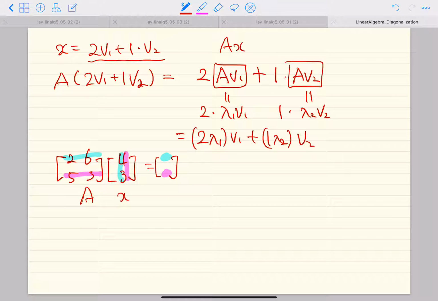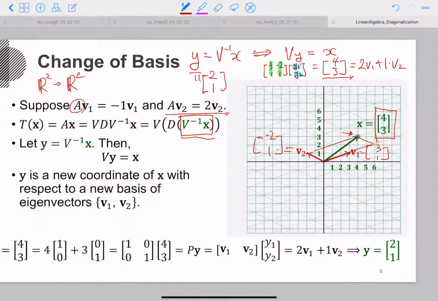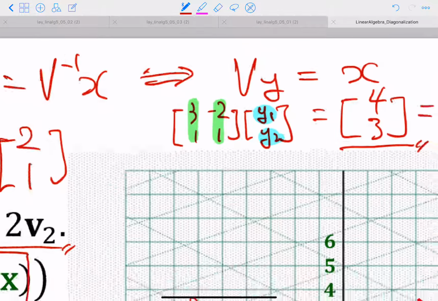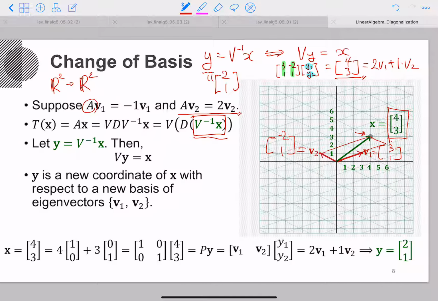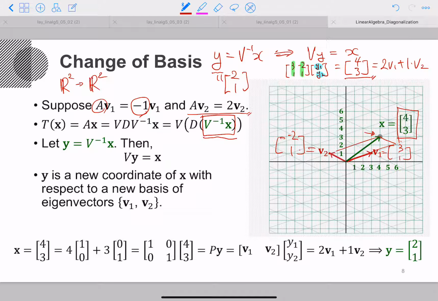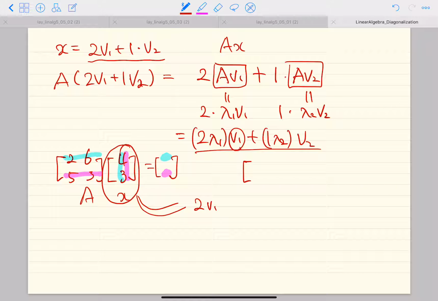But instead of performing this kind of computation, we represent this as 2 times v1. What is v1? v1 is (3, 1) and v2 is (-2, 1), and their corresponding eigenvalues are -1 and 2, right?